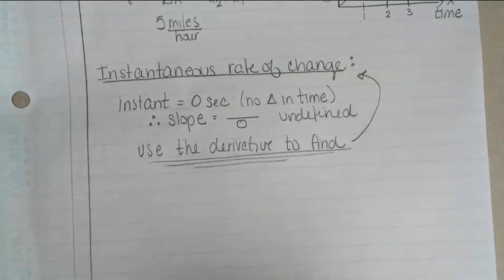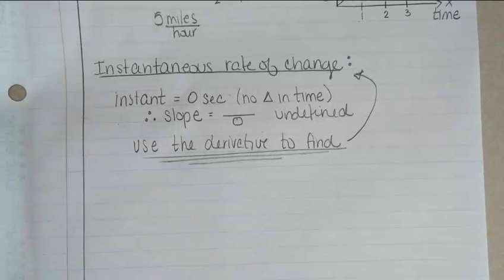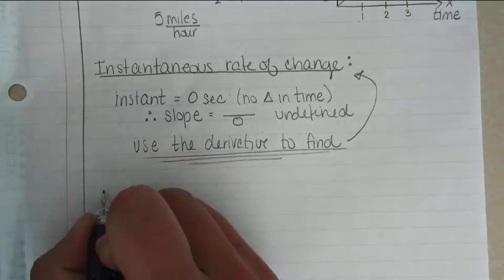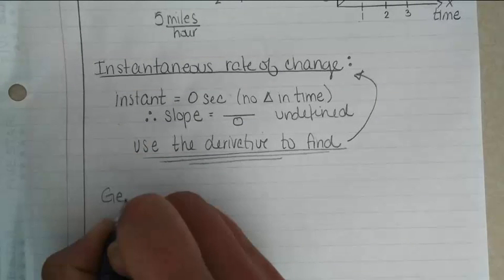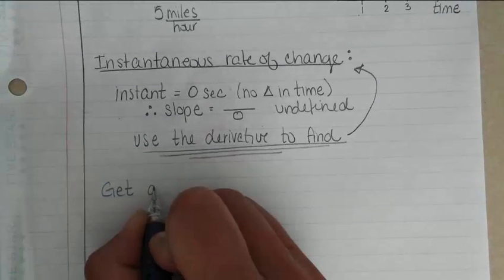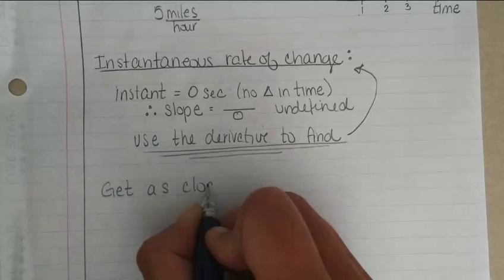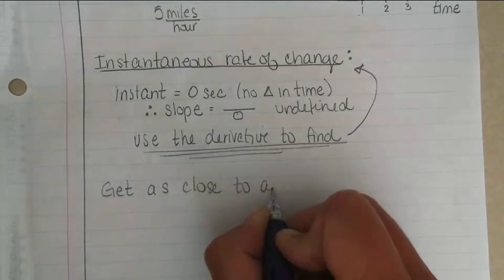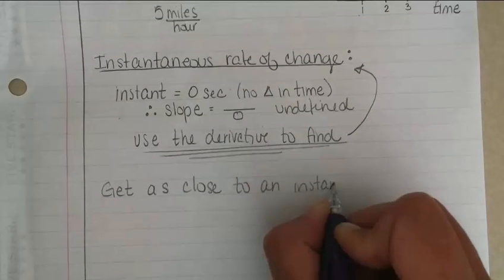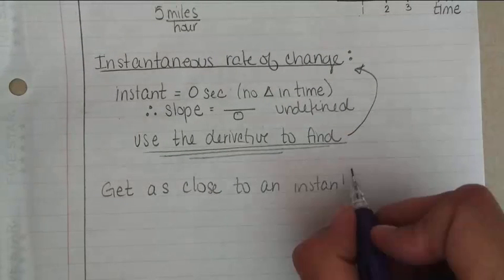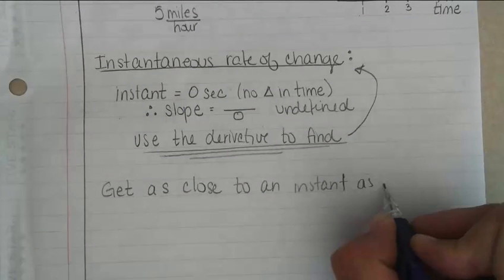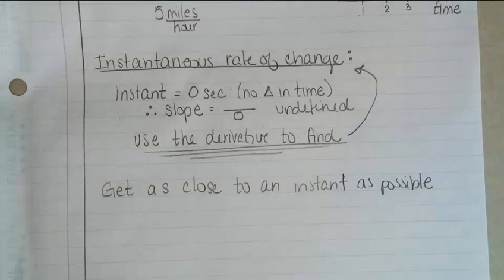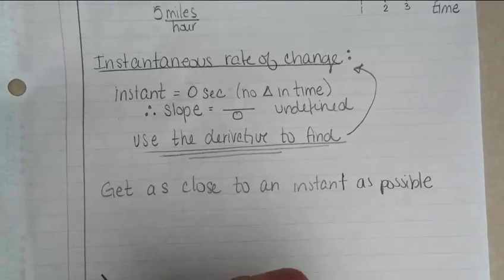Okay, so at this point, we can figure it out, we can estimate it, okay? So we want to get as close to an instant as possible by estimating the rate numerically, okay?